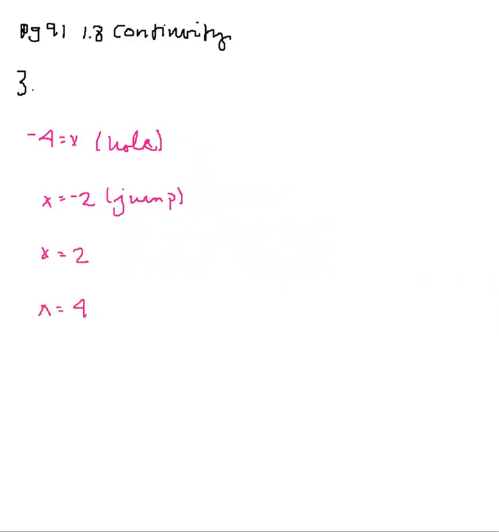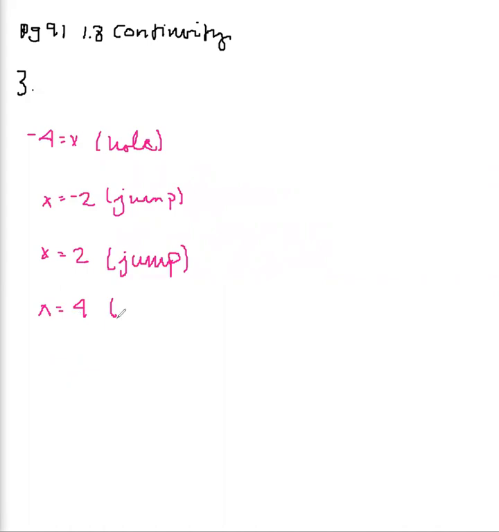Sweet. And the reasons for these are the same in principle. At x equal to 2 it is a jump. And at x equal to +4, it's also a jump, as it's going to infinity at the asymptote. The limits are not the same.